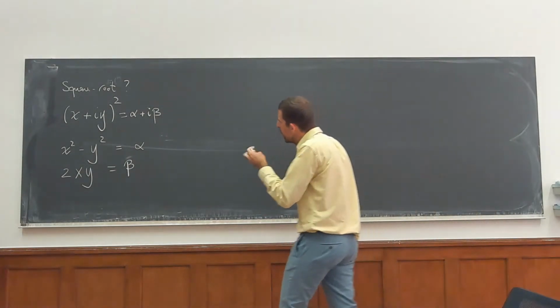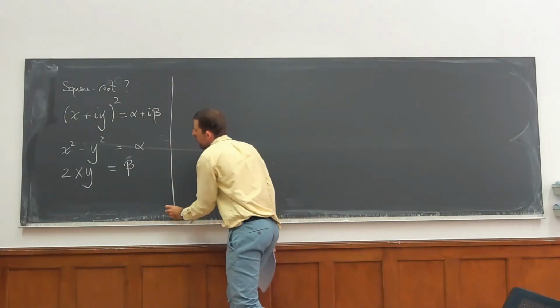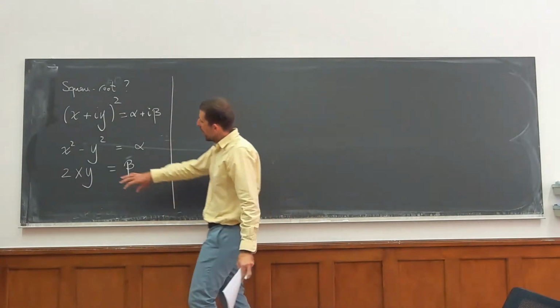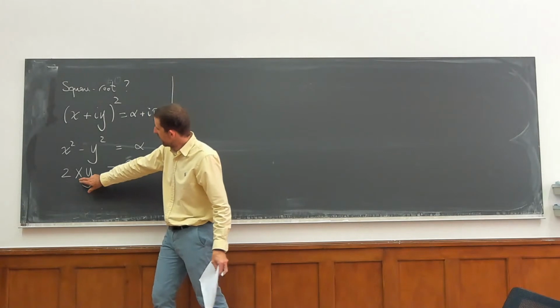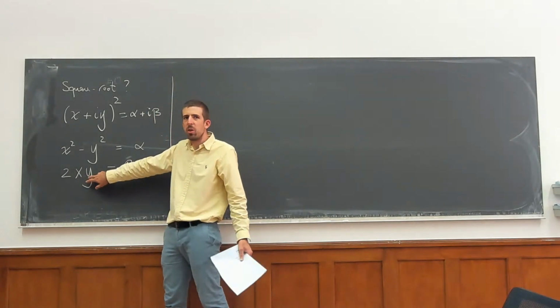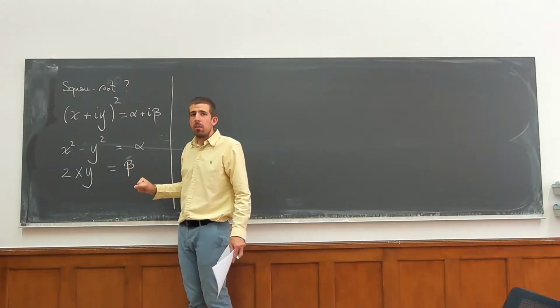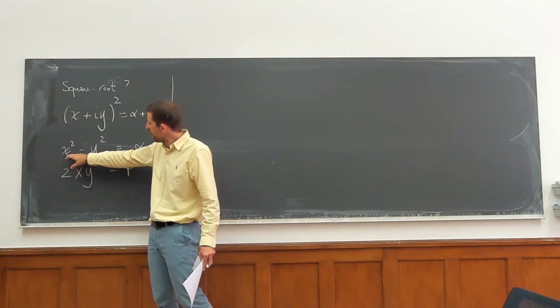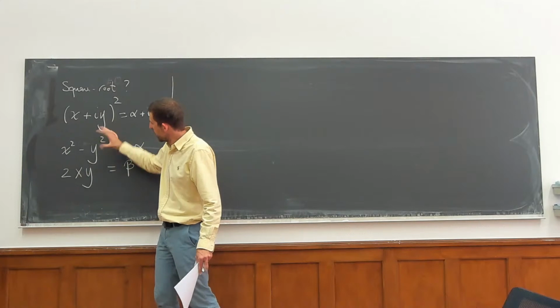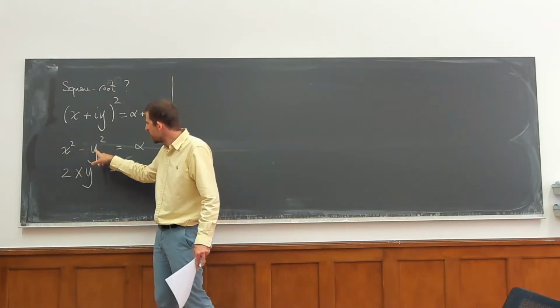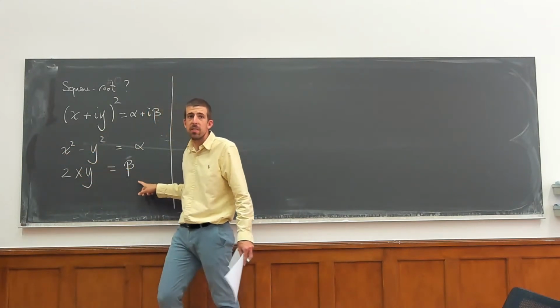Okay, so now let's do some algebraic manipulations. If I take the square of this, I get something like x squared y squared, which I know how to make sense of. I have x squared minus y squared. So I can easily also make, if I have x squared minus y squared squared, I start getting things like x's and y's and powers of this that I can control.